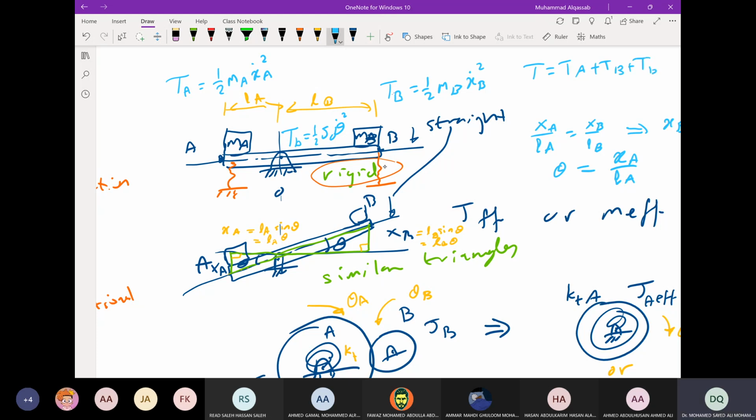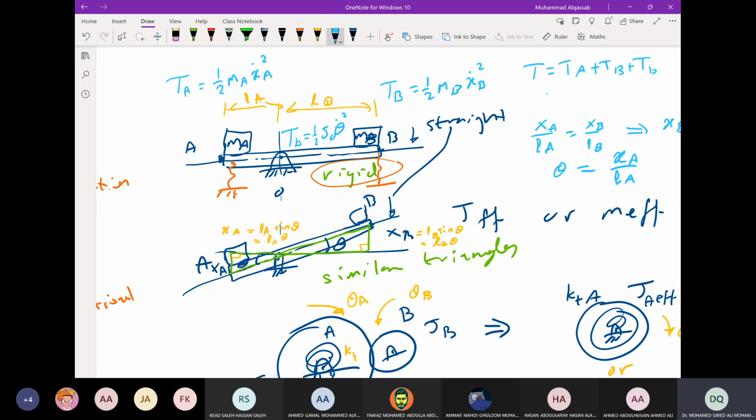If the springs are massless, then there is no kinetic energy. If their masses are not neglected, then their kinetic energy has to be counted.